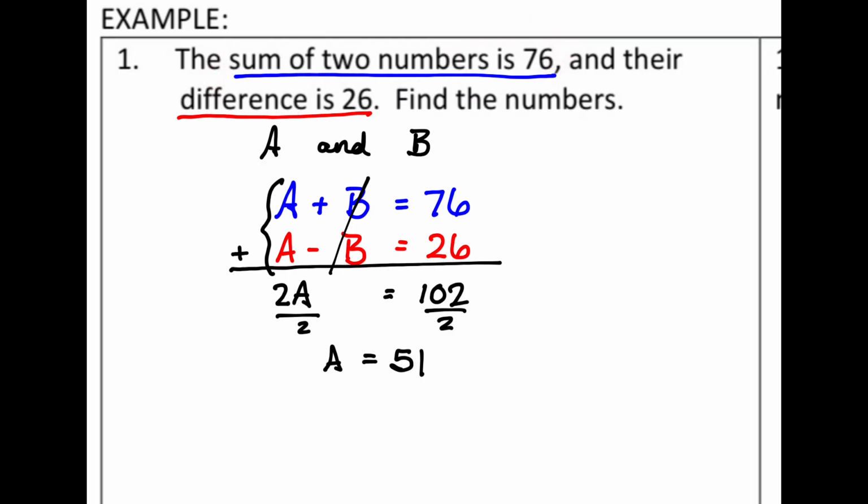If one of them is 51, you have to subtract it and see what the other one needs to be. So the other needs to be 25 in order for these to add and give me 76, or subtract and give me 26.